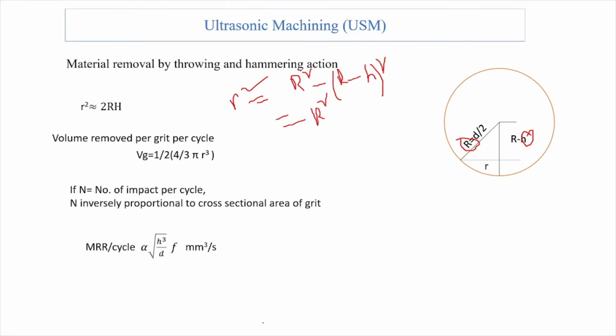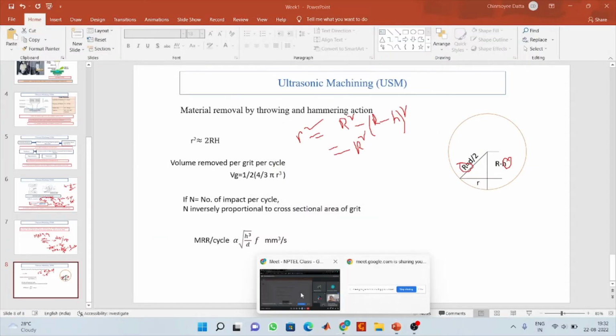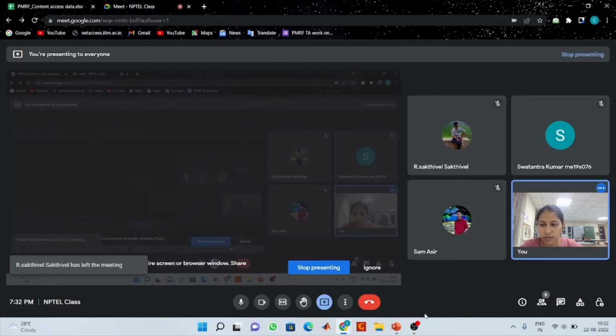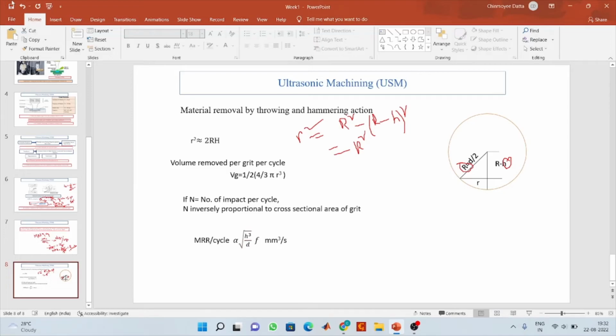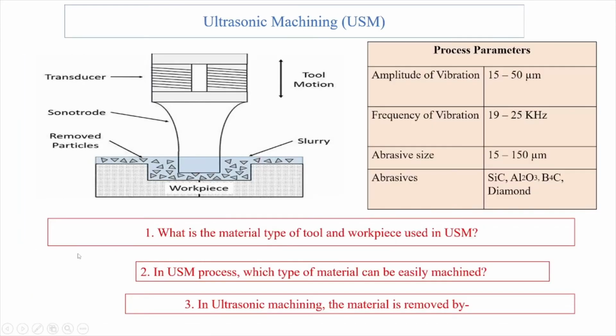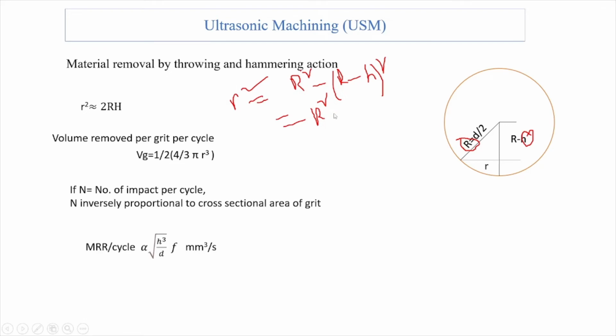r square, someone maybe to join, okay. So r square minus capital R square plus 2Rh minus h square.